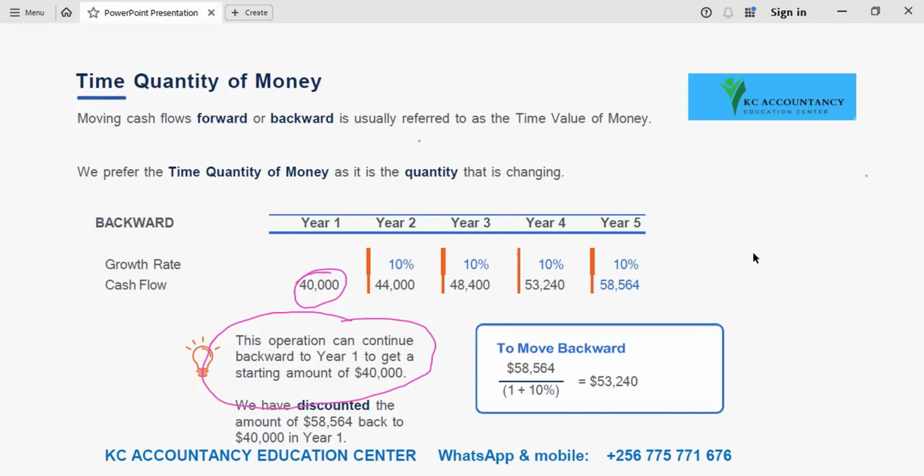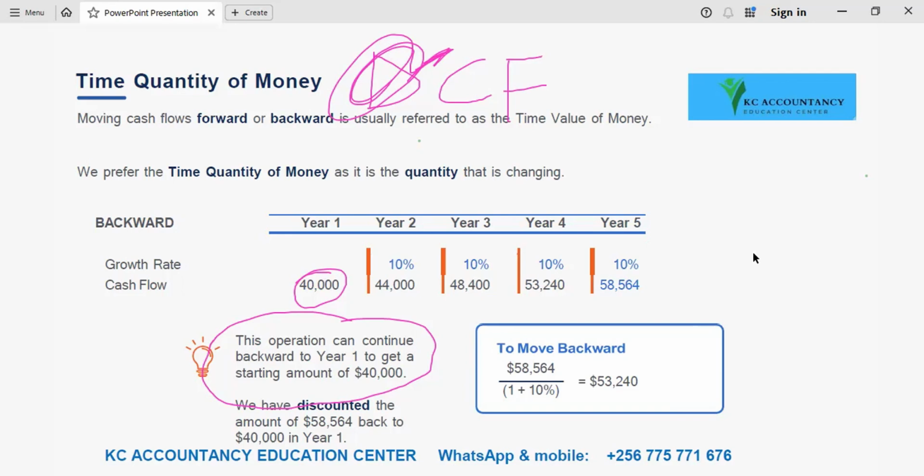In fact, that's where you get the D in DCF. The D within the DCF model is the discounted cash flow. You are taking the cash flows and discounting their quantities back in time to their present worth.